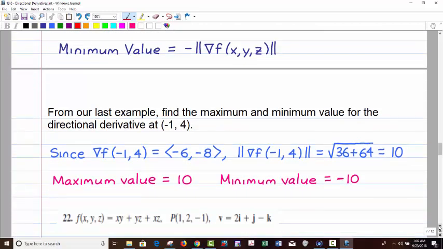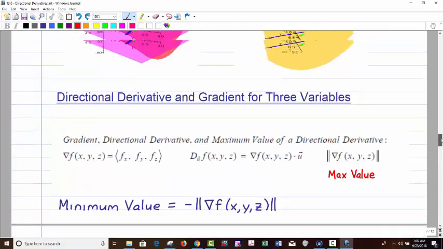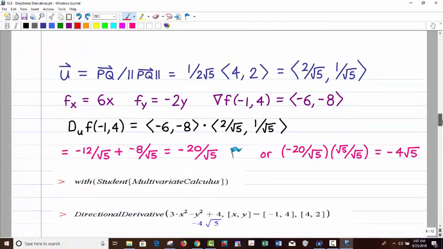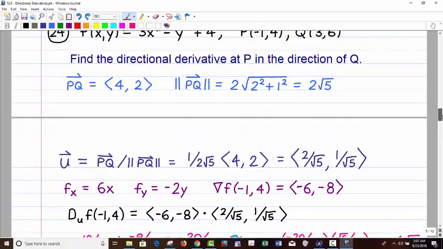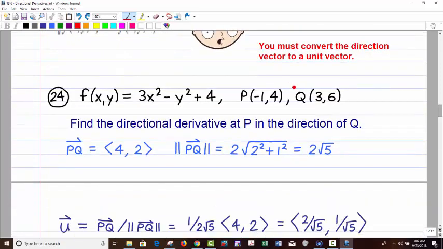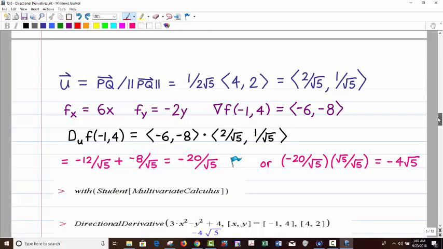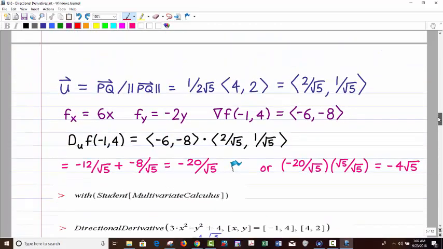So this was an example that we had back up here. This one right here, with negative 1 and 4, and we got the directional derivative was negative 4 square root of 5.